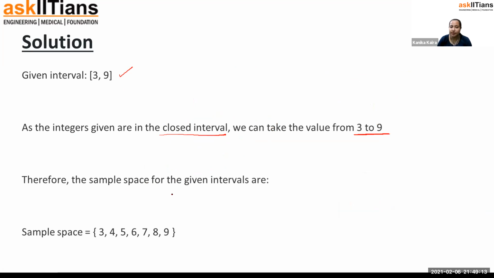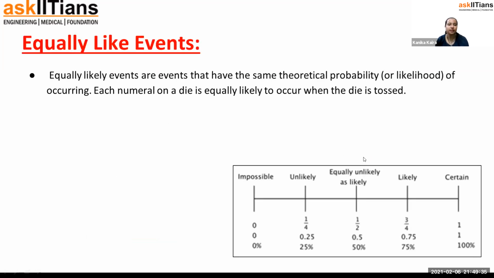Therefore, the sample space for the given interval is 3, 4, 5, 6, 7, 8, 9. And we have discussed something extra as well, that's an open interval. In case of an open interval, 3 and 9 are not included at all. So all the numbers which lie between 3 and 9 would be the solution set. All right. Now let's move further.